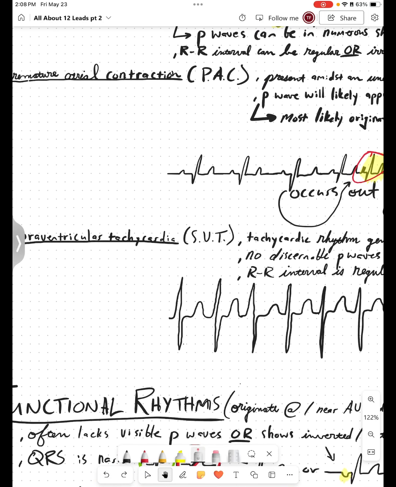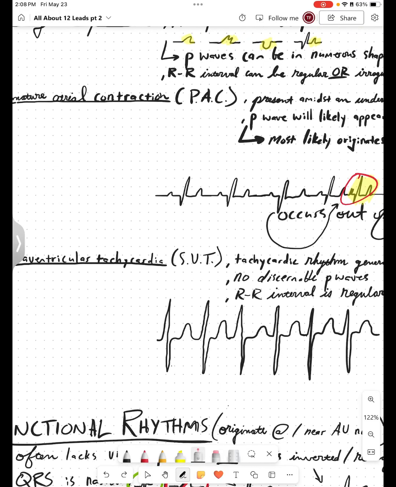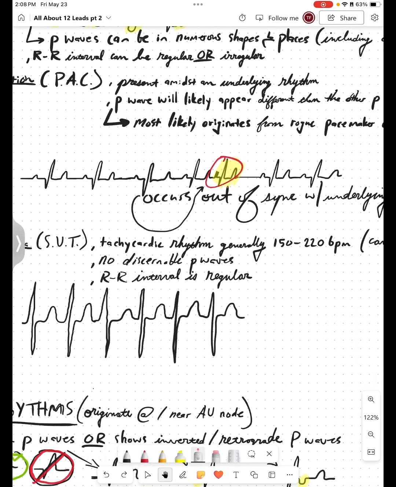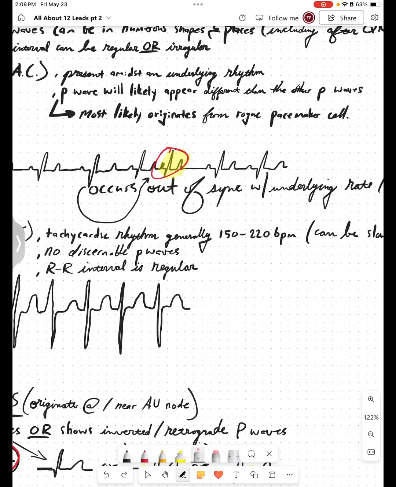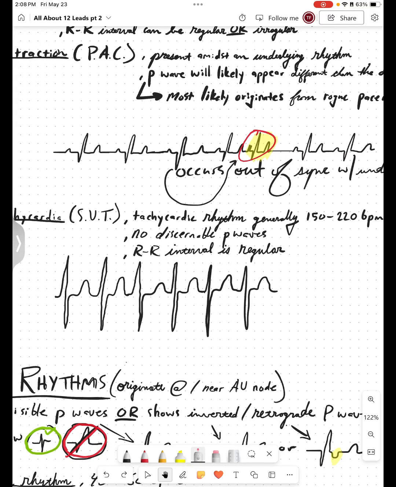Moving on down the line, we have SVT, supraventricular tachycardia. SVT is going to be identifiable by its very tachycardic rate, and there are no P waves discernible. So again, it's going to be a tachycardic rhythm that is generally between 150 to 220, although it can be slower or faster than that.